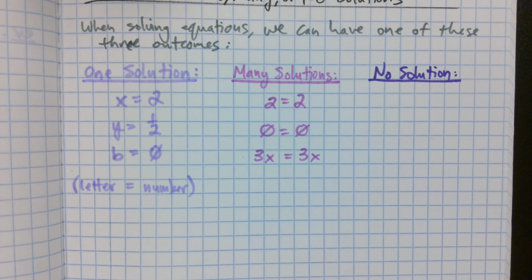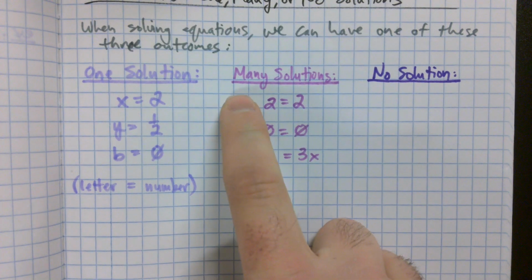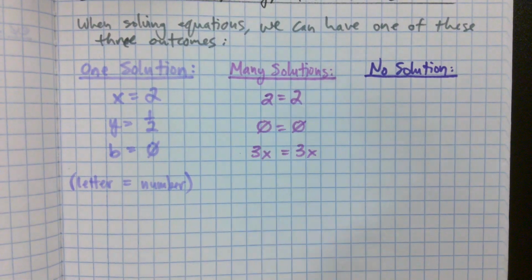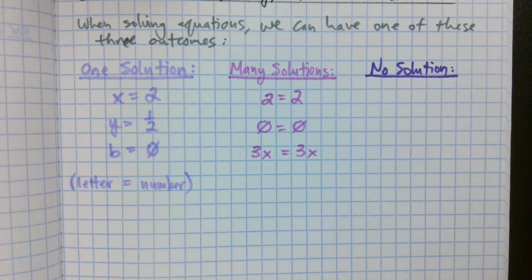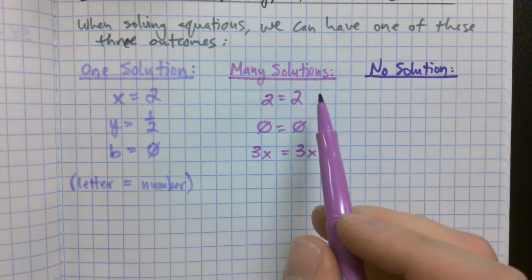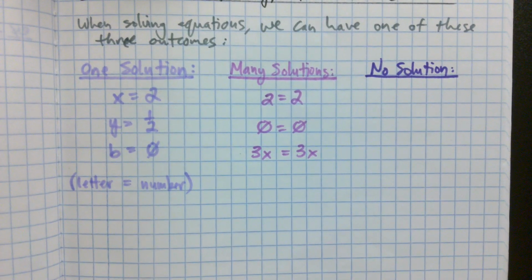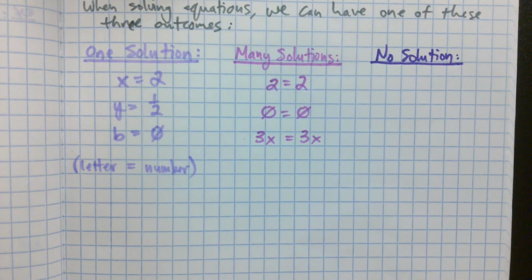Just like how Mr. Amy's key opens all the doors on campus, an equation that has many solutions, you could plug any number in, 2, 0, 1/2, and get a true statement. This is what we're used to seeing, right? 2 equals 2. Is 2 equal to 2? Yes, that's true. Boom, we check it off, right? Same kind of idea.